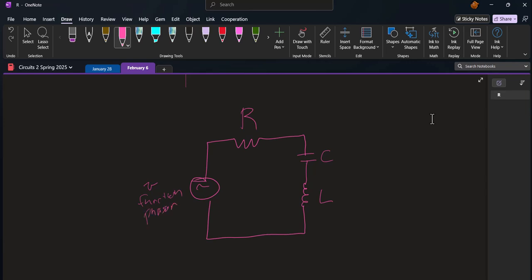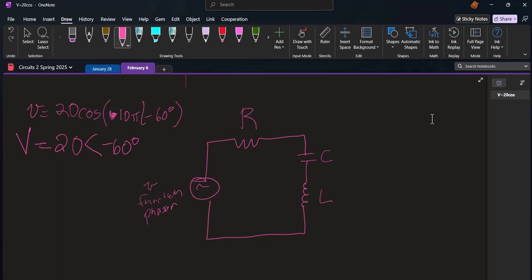And so, for example, if I had my voltage was 20 cosine 10 pi t minus 60 degrees, then as a phasor, that becomes V equals 20 angle negative 60 degrees.